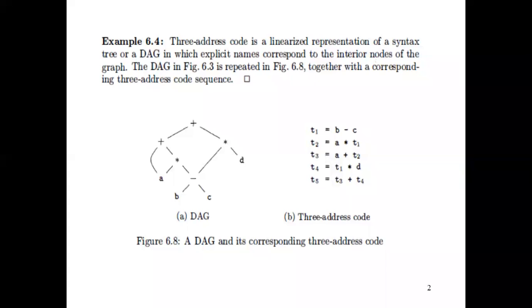Here in this example, three address code is a linearized representation of a syntax tree or a DAG, in which explicit names correspond to the interior nodes of the graph. The directed acyclic graph in the given figure is repeated in figure 6.8, together with a corresponding three address code sequence. First we will concentrate on the three address code.